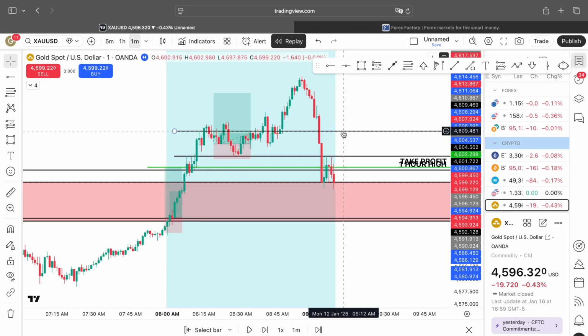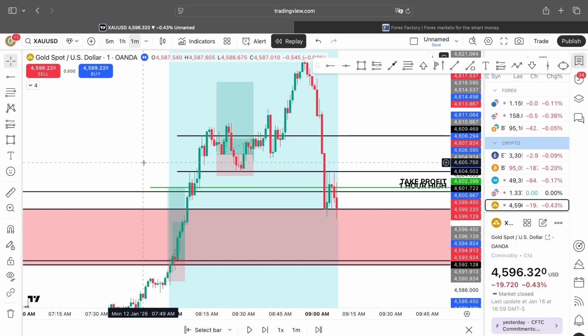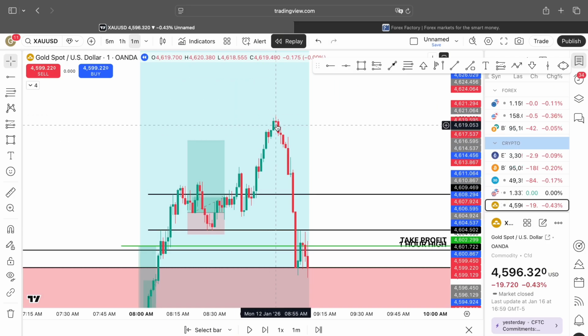I could keep playing this and we could find more, but I think you guys kind of get the gist of it. Overall, the lesson for the morning session is to follow the trend, right? Until the trend shows you signs, which is this that I just went over, that it might be ready to reverse. If it shows you any type of thing like this where it's printing this or it's breaking through an area of structure like this, get out of the market.